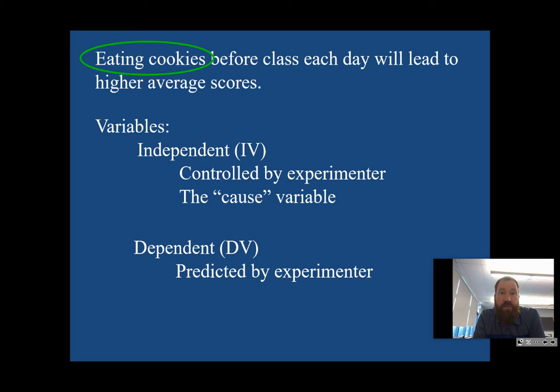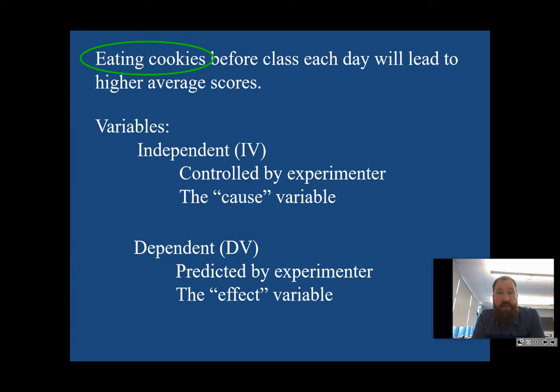The dependent variable is the one that is affected by the independent variable. Right? The independent variable changes the dependent variable. So it's the thing that is predicted. It's what the experimenter thinks might happen. And that is usually also called the effect variable, right? So if we're talking about cause and effect, what causes what effect? So, I'll pause again.